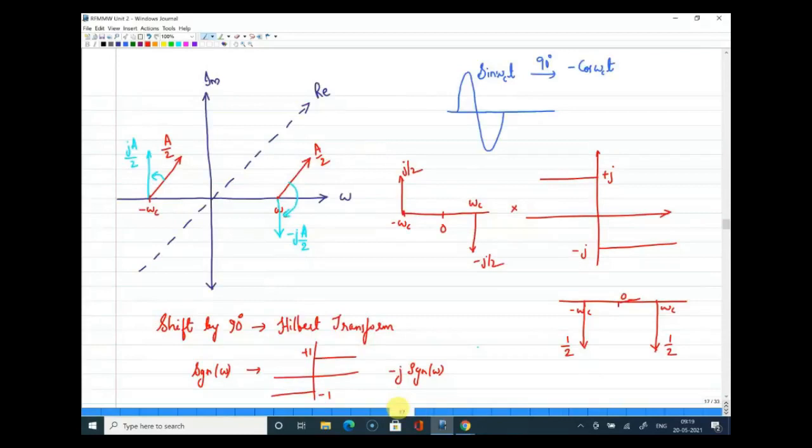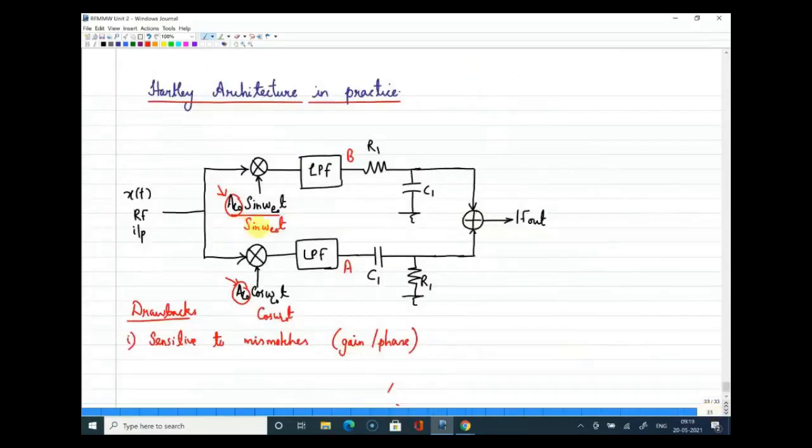That is true in the upper arm, but in the lower arm there is a small change, and the small change I am marking with this factor, which is 1 plus epsilon. Similarly, in the phase also, sin omega LOT there and cos omega LOT should be on the lower arm, but I am marking that mismatch in the phase as cos omega LOT plus theta.